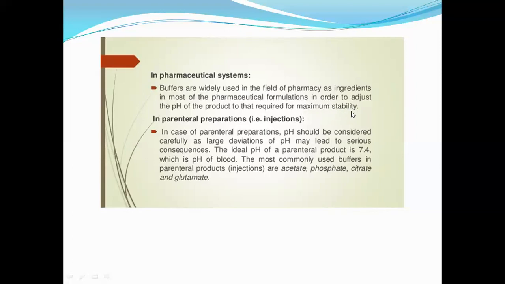To maintain the pH, buffers are needed in pharmaceutical product solutions. If the pH is altered, the efficacy of the product will be affected. So to maintain a proper pH, buffer solutions are needed.